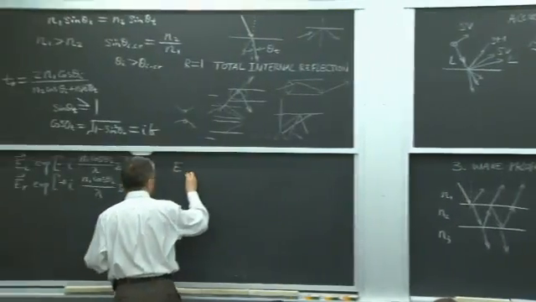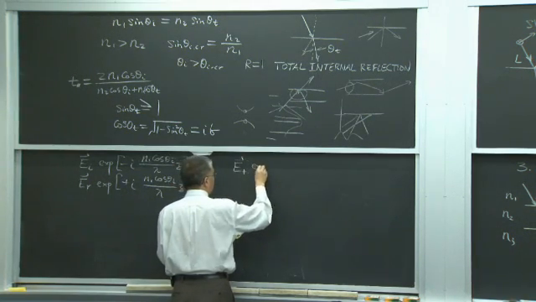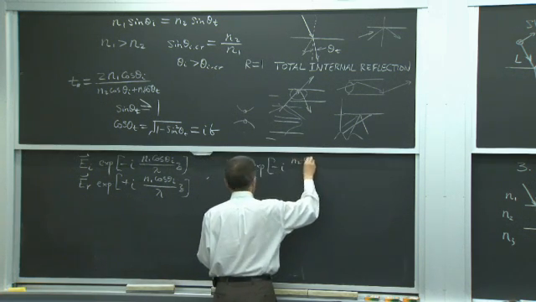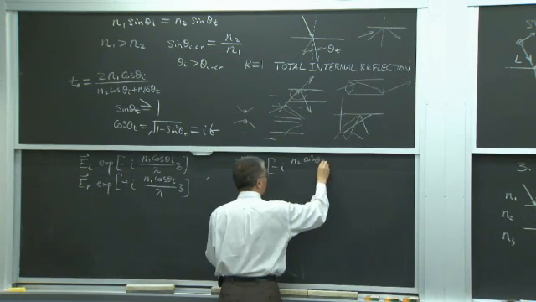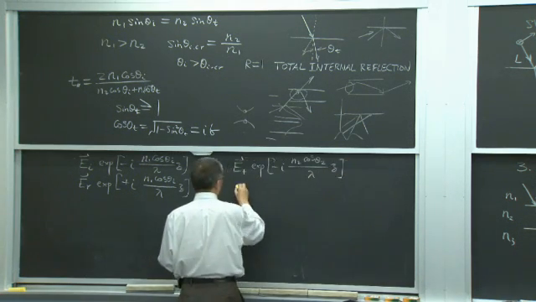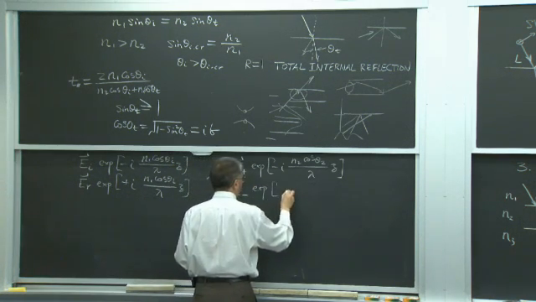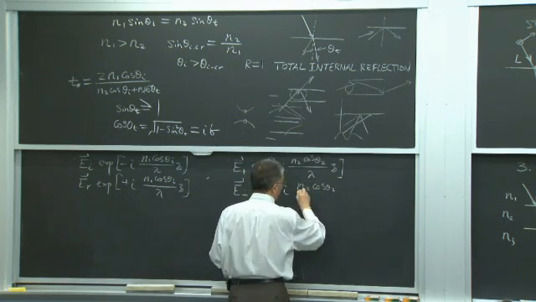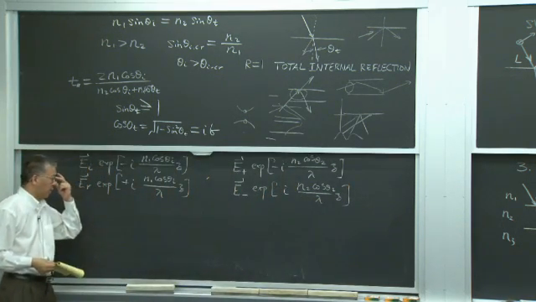So I want to say this is E plus times the exponential phase factor, minus i n2 cosine theta_2 k z, and E minus times the exponential in the opposite direction, n2 cosine theta_2 k z. You can also write the transmission there.